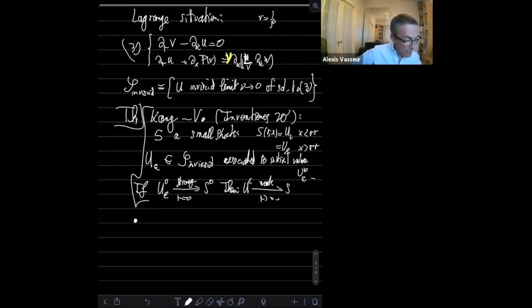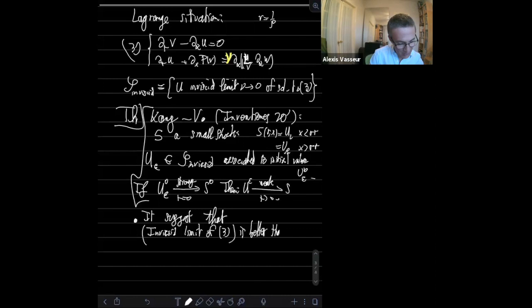So in some way it suggests that being an inviscid limit of Navier-Stokes is better than being a weak solution to the limit equation, right?